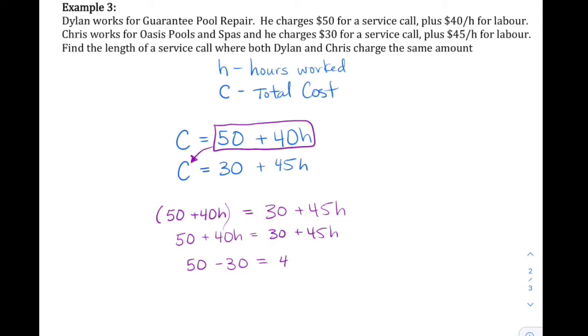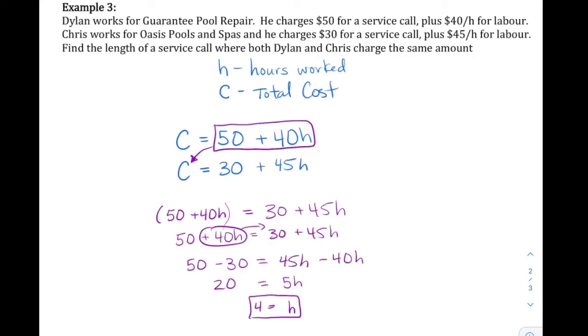On the right, we have 45h already, and I'm going to subtract, because this 40h is coming to the right side. Subtract 40h. Add my like terms together, I'm going to get 20 is equal to 5h. And divide both sides by 5, I'm going to get h is equal to 4. So that means when these two guys work 4 hours, their cost will be the same.